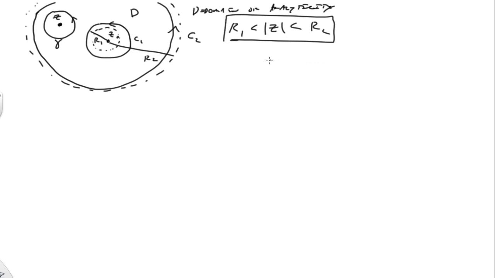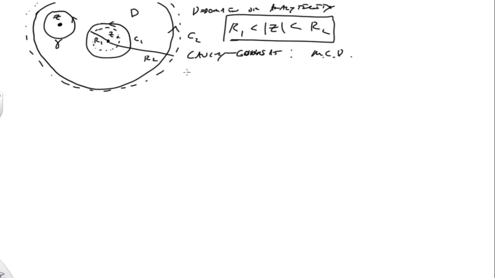Okay, and so let's go through again. Now, remember from Cauchy-Goursat, Cauchy-Goursat said that if I have a multiply connected domain, I can actually express this integral on a contour, so the total contour, as a sum of individual contours.